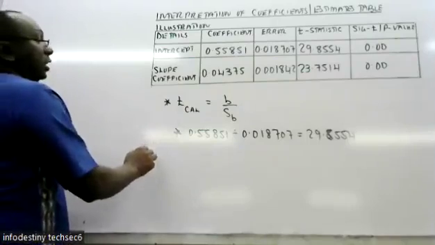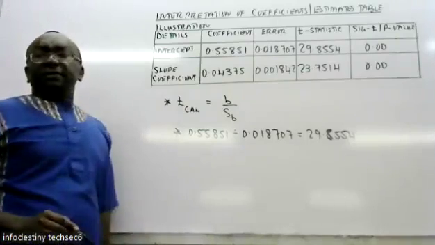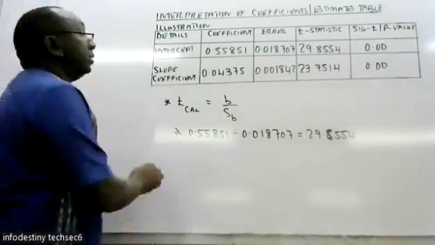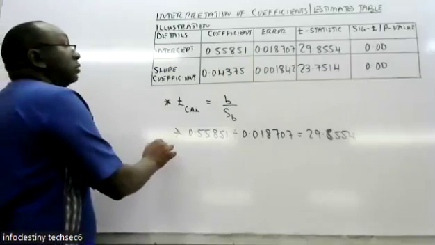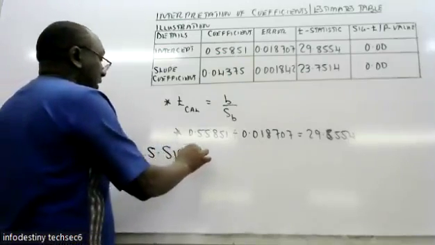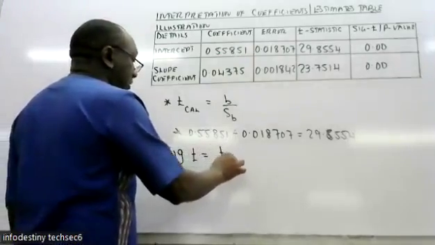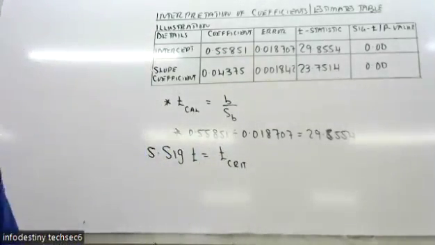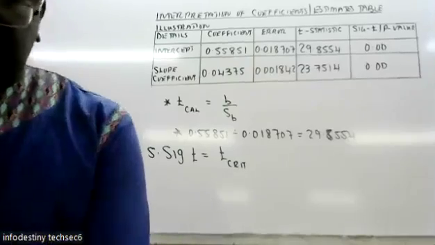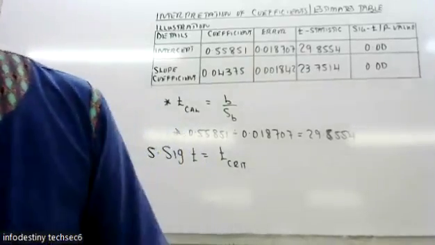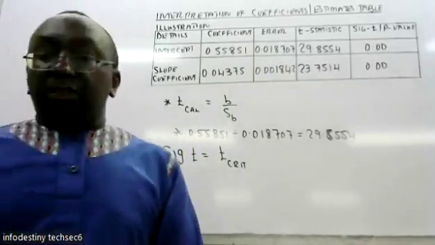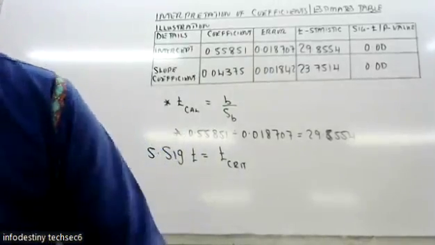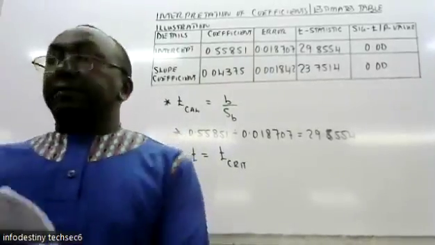And finally, that should be 0.405. Fine, right? So Sig T is equal to T critical. So that is how they are interpreted, and that is good.